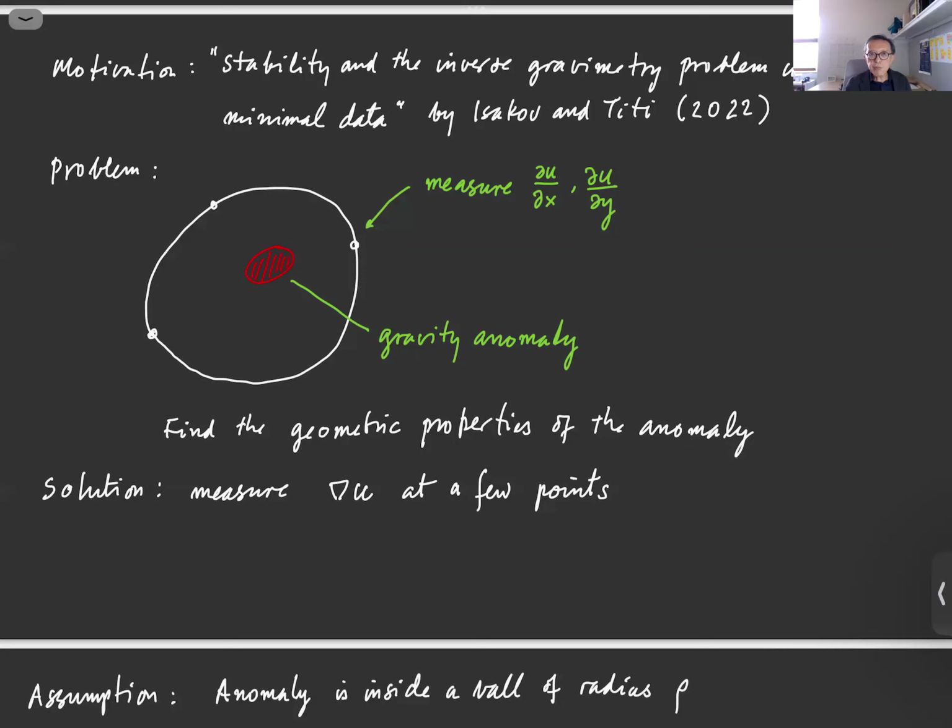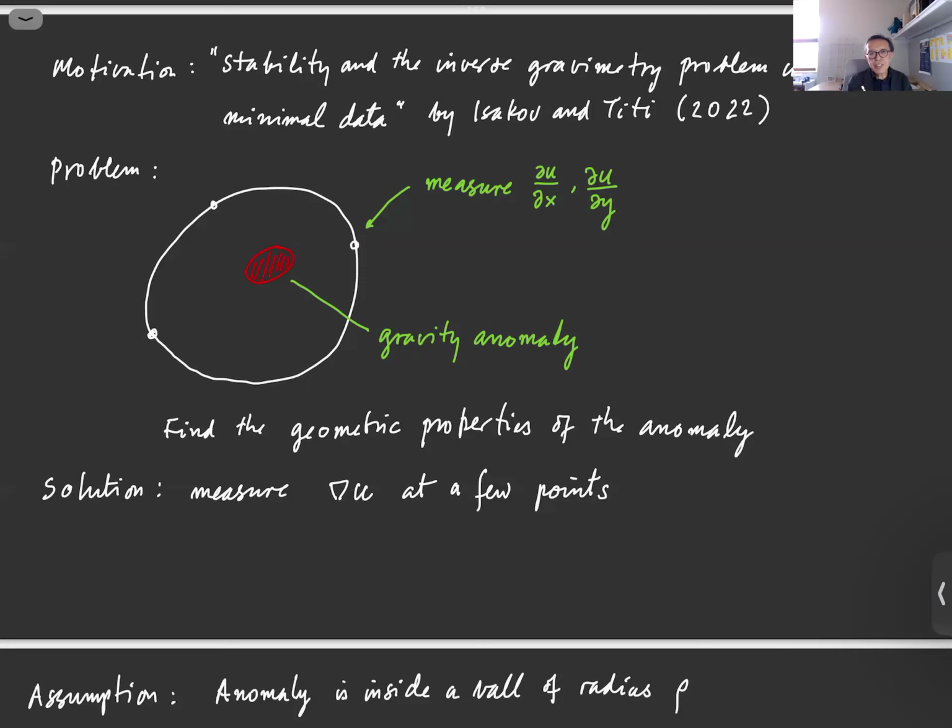Traditionally, you usually have gravity measurements over a surface or over a curve or some measurement set, which is not a point or a few points.